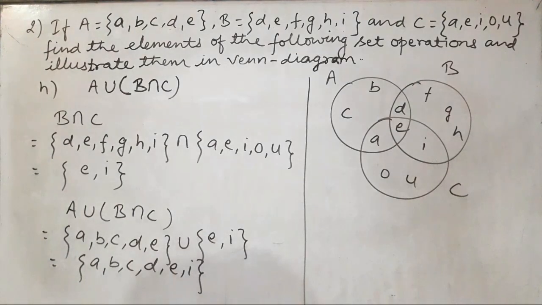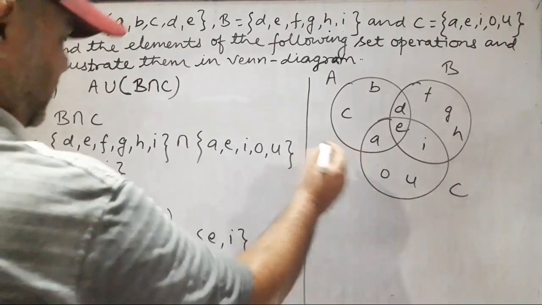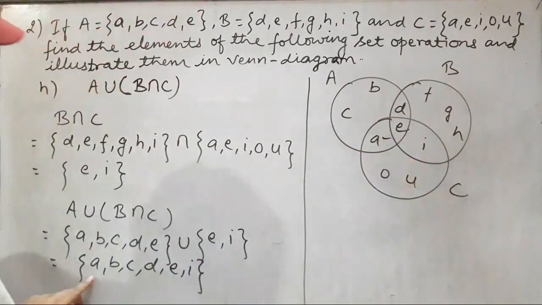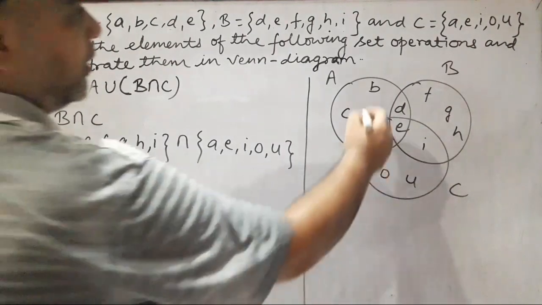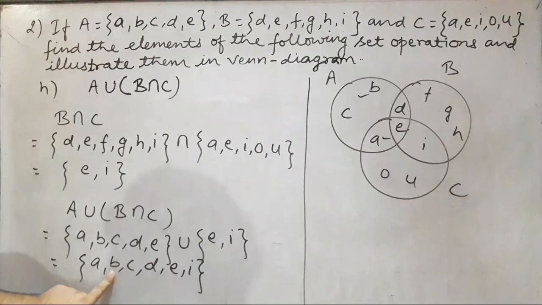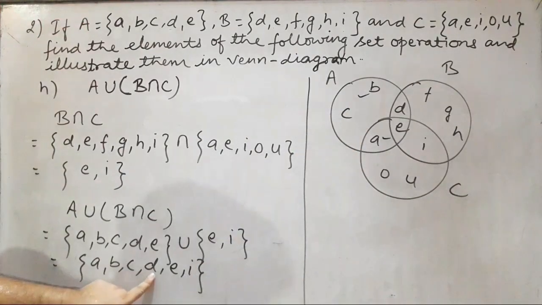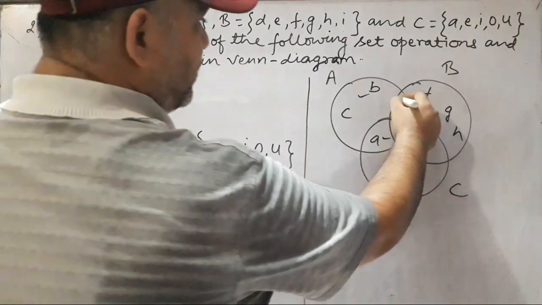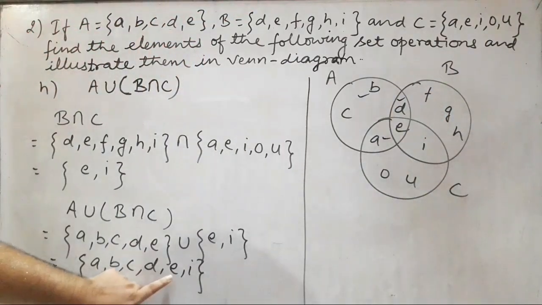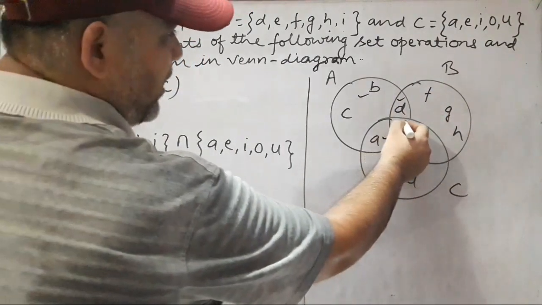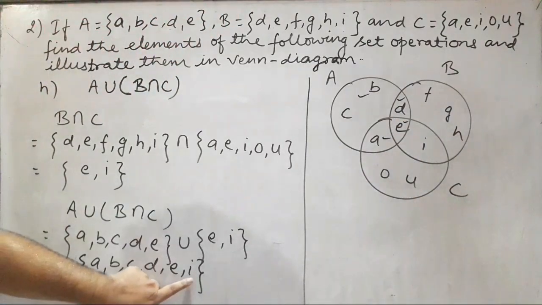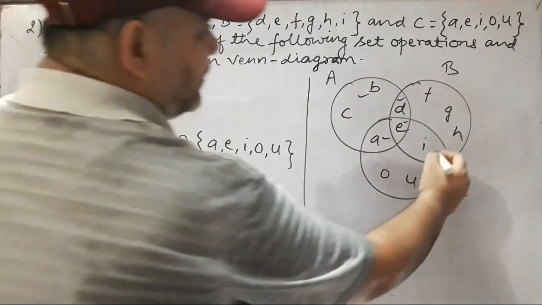Now we have to shade the part containing the elements A, B, C, D, E, I. That is, this part containing the element A, the part containing the element B, containing the element C, the same part, containing the element D, that is this part, containing the element E, this part, and finally containing the element I, that is this part.